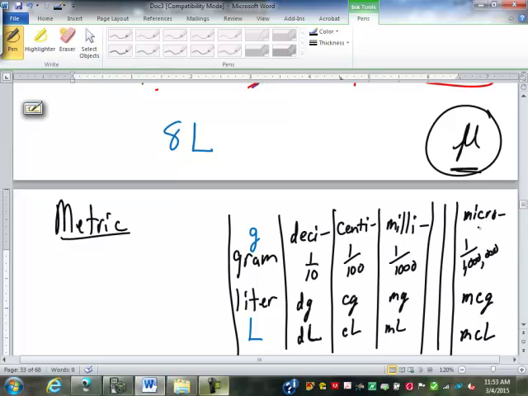If we were to keep going, again, it would go every 1,000 instead of every 10. And so the next one would be 1/1,000,000,000th of a gram or of a liter. That would be nano. You may have heard a lot about nanotechnology in the news in recent years. All nanotechnology is, it's actually referring to a nanometer, which is a billionth of a meter. Most atoms are right around the size of a nanometer.